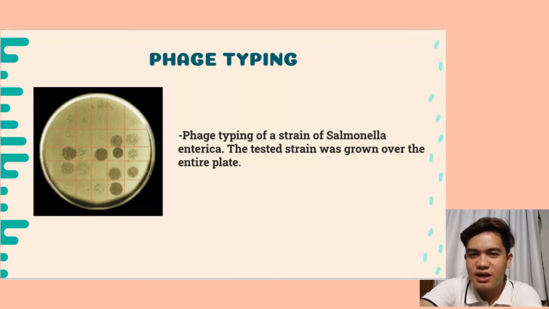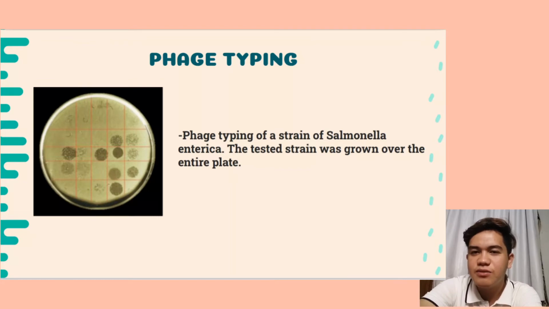Next is phage typing. Like serological testing, phage typing looks for similarities among bacteria. Both techniques are useful in tracing the original source of a disease outbreak. Phage typing is a test for determining to which phages a bacterium is susceptible.